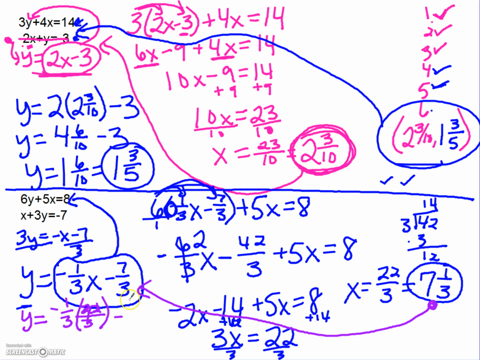Okay, and then minus 7/3. Okay, all right, so negative 1 times 22 is 22. 3 times 3 is 9, making this still a negative over here. Then we got to do minus 7/3.